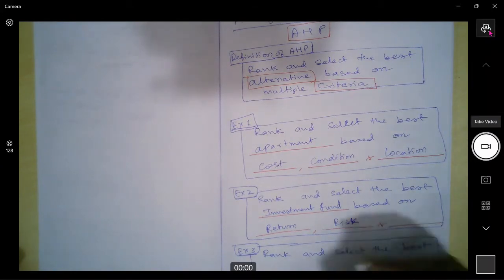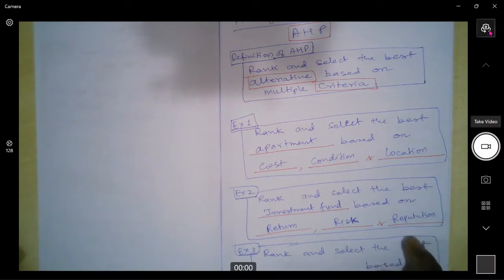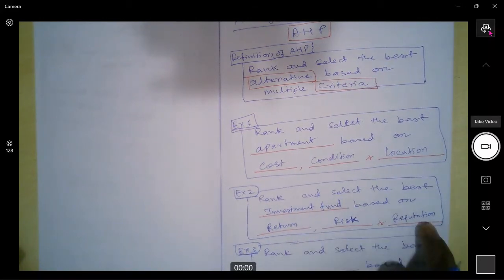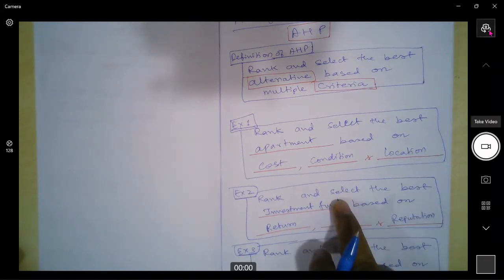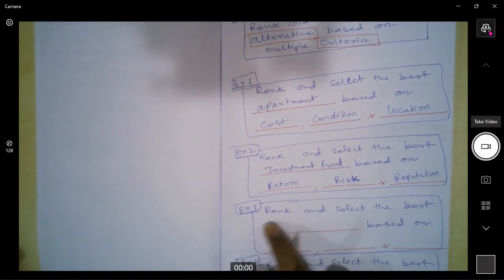Then maybe something like the reputation, or the reviews. Whoever is providing the investment fund, what is their past record? What is their past performance? Based on that, you can also select. Okay, so this is one more example.